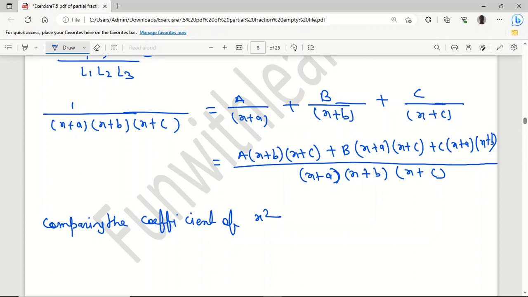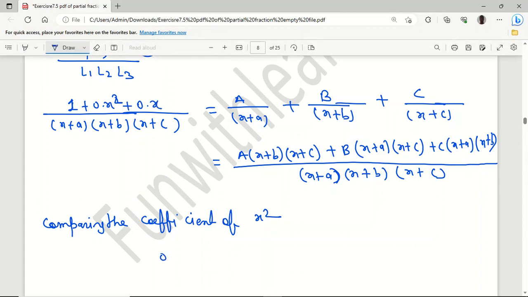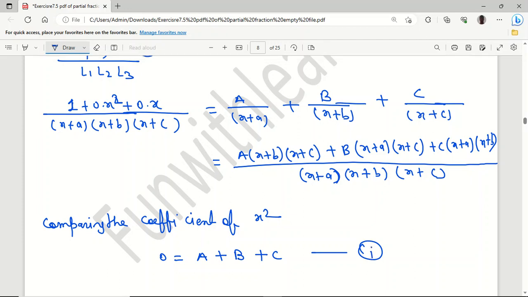I can write 1 as 0 into x square plus 0 into x plus 1, so the coefficient of x square is 0. So 0 will be equal to the coefficient of x square in the RHS, which will be a plus b plus c. It is equation 1.